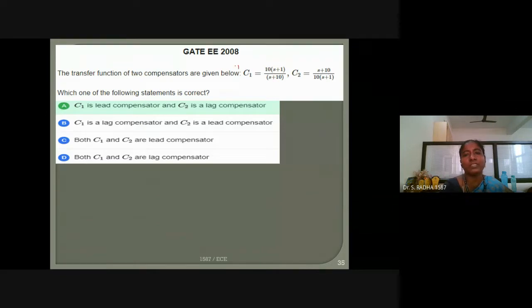This is the first transfer function. This is the second transfer function. If you write zero by pole, in the first one it is 1 by 10, a value less than 1. So this is alpha, and hence the first one is a lead compensator. In the second one, if you write zero divided by pole, it is 10 by 1, a value greater than 1.